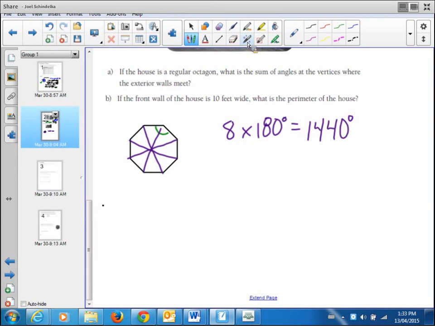Okay. Now, that is all of the angles, including the middle ones. What do all these middle center angles add up to, though? Because it's a perfect circle, 360. So we've got to subtract 360. Minus 360.